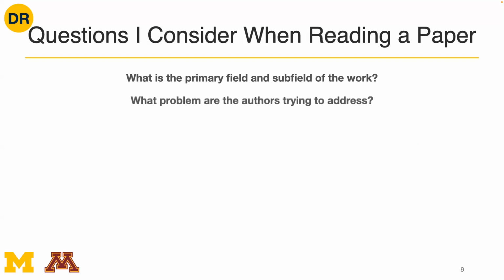The second thing, though, is what is the problem that the authors are trying to actually address? So even if I understand that maybe a work is within robot perception, it's within pose estimation, there's still different aspects of pose estimation. So maybe the problem is trying to address the accuracy of just rigid body opaque object pose estimation.